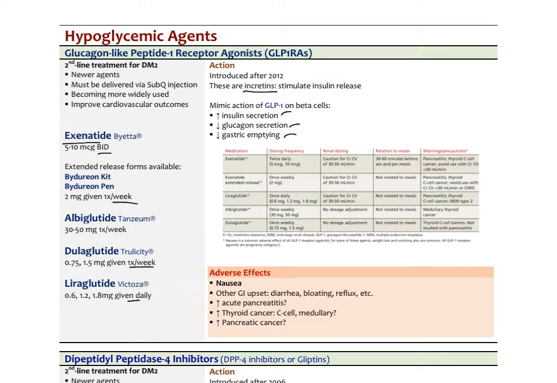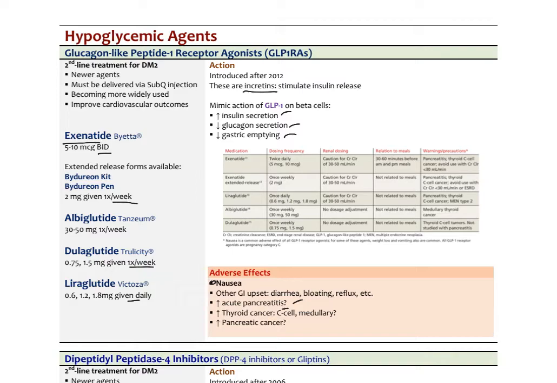Now, the main adverse effects of GLP-1 receptor agonists would be nausea and other GI effects. Patients can have very severe nausea for up to weeks or a month or more after starting this, and that could be a real disincentive to taking more of it. There is a slight increased risk of acute pancreatitis, and I put a question mark there because that came out in some of the early market surveillance studies, but I don't think that's been confirmed.